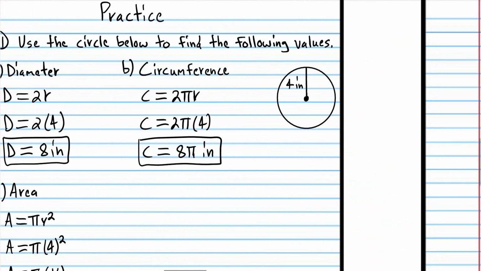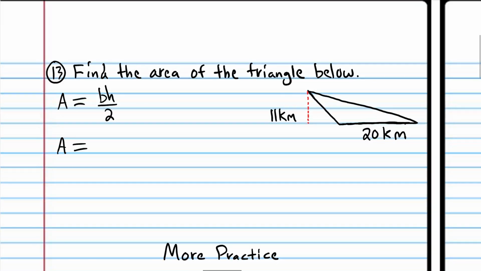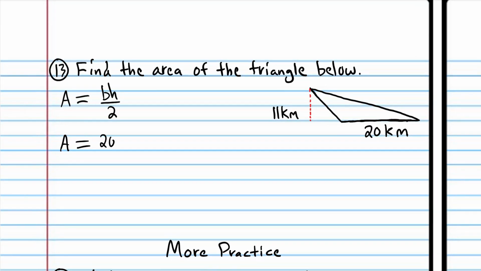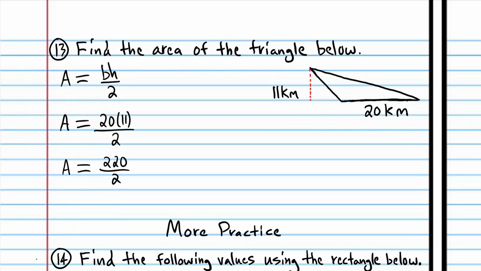So the base of the triangle is 20 and the height is 11. 20 times 11 is 220, and 220 divided by 2 is 110, and we need square kilometers because this is area.